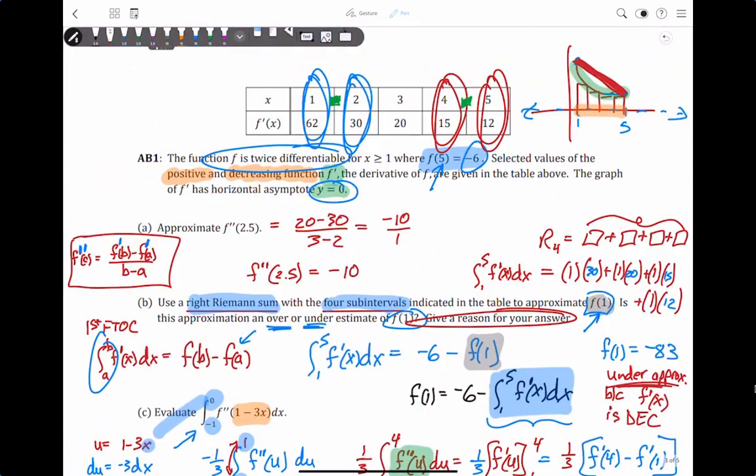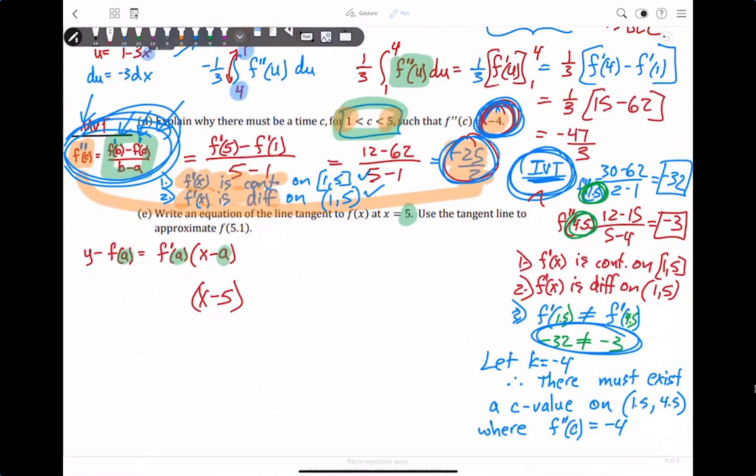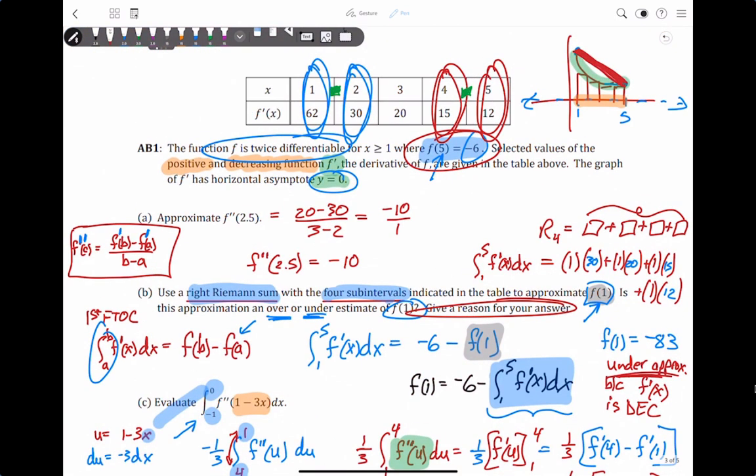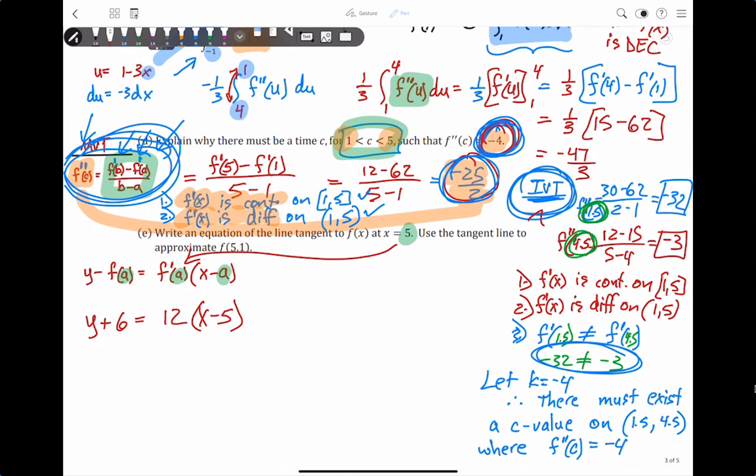Well, f of 5 was already given to us as a negative 6. That was our initial condition. So y minus a negative 6 is y plus 6. And now I just have to find out what is f prime at 5. Okay, so f prime, I'm going to go to the chart, and f prime at 5 is 12. Okay, so I'm going to go ahead and put 12 right here.